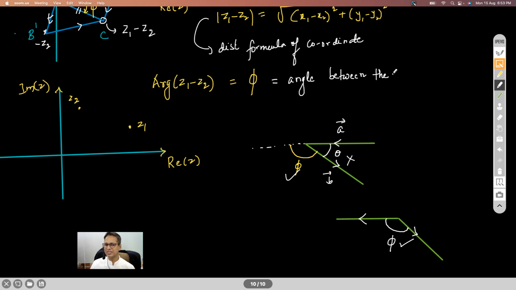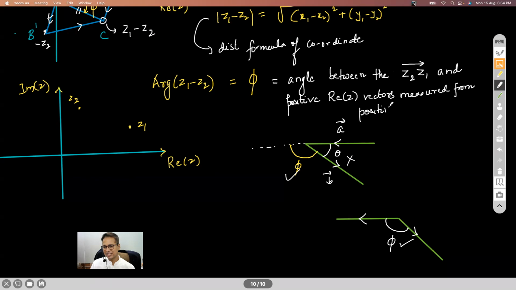It is angle between Z2 Z1 vector and positive real Z vector, measured from positive real Z direction, or measured from positive real Z.